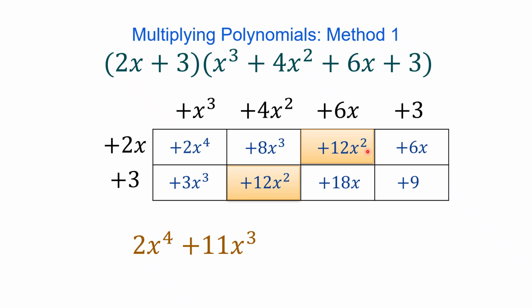You move on. 12x to the second plus 12x to the second combines and becomes 24x to the second. 6x plus 18x gives us a 24x. And finally, 9 plus 9. There you have it. This is the final product of these two polynomials.